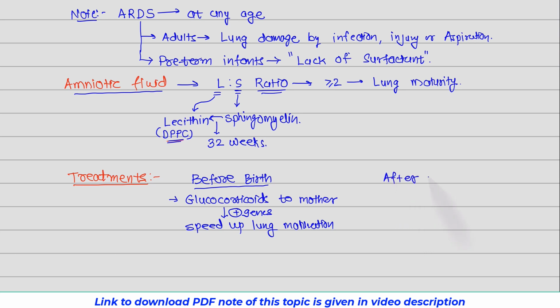After birth, if the baby still struggles to breathe, we can give natural or synthetic surfactant directly into the baby's airway through a procedure called intratracheal instillation. These treatments have saved countless premature babies.